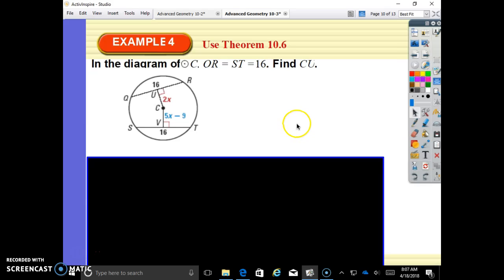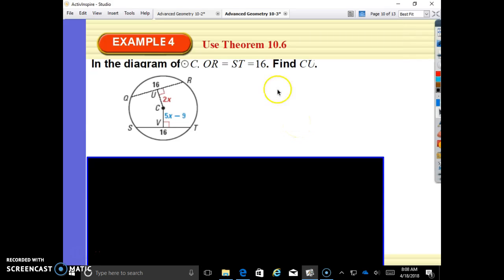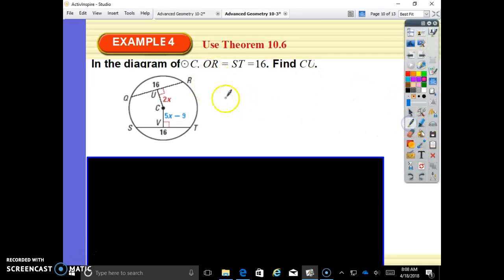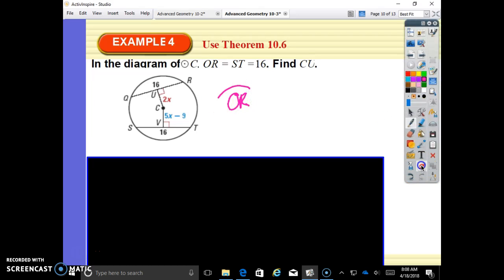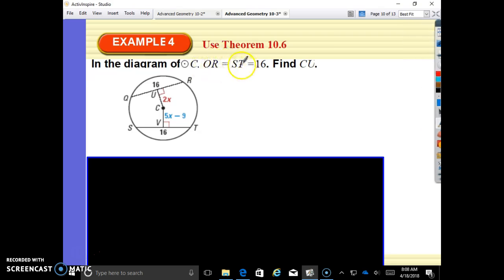In the diagram, circle C, we have QR equal to ST, which is equal to 16. These don't say the measure of the arcs, right? There's no little arc symbol. So this is actually referring to their lengths, the portion of the circumference, right? No, it's not.